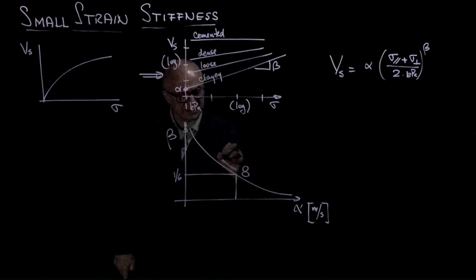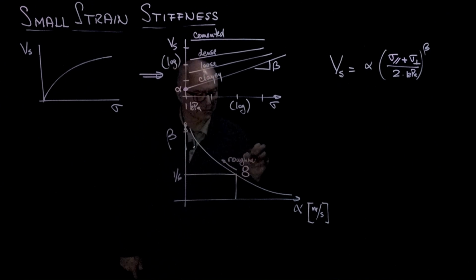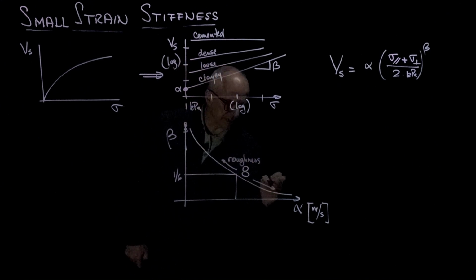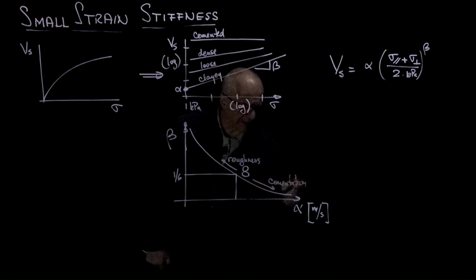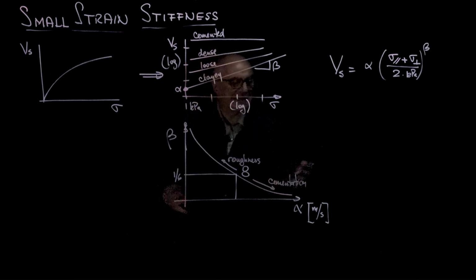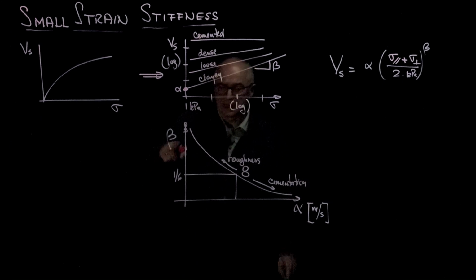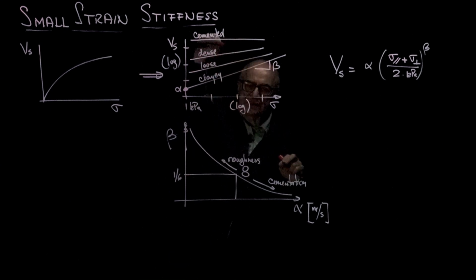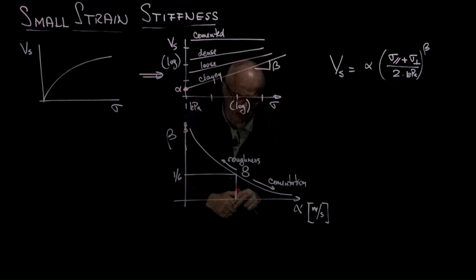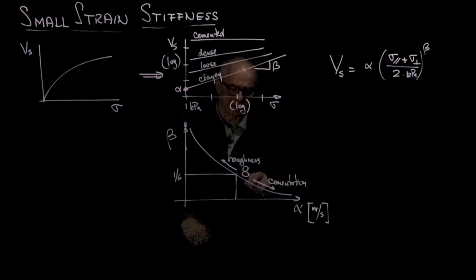So this is the direction of angularity and roughness increasing. This is the direction of cementation. For example, a sandstone will have an alpha value, which is the velocity at 1 kPa, probably 3,000 meters per second, and the beta exponent may be 0.001.